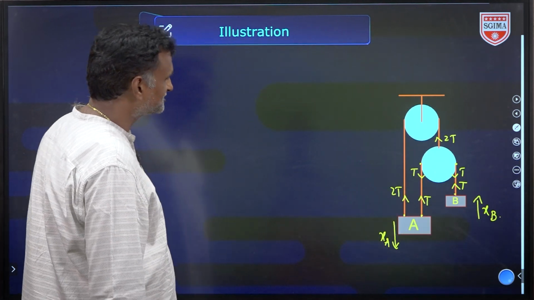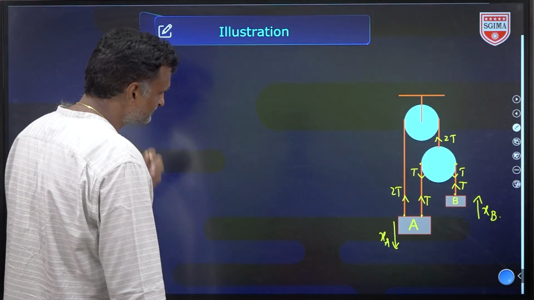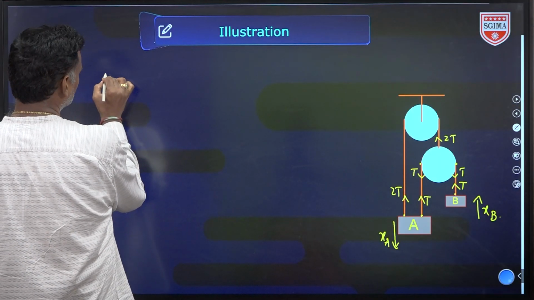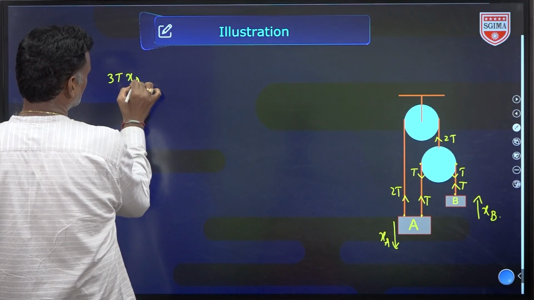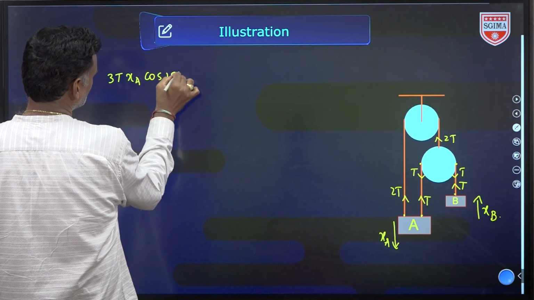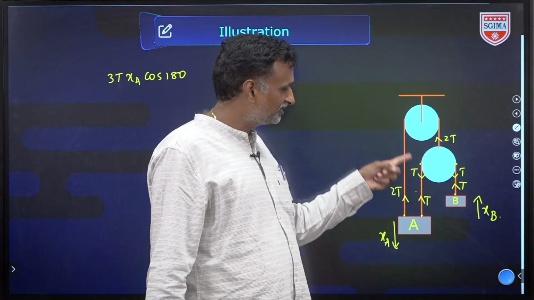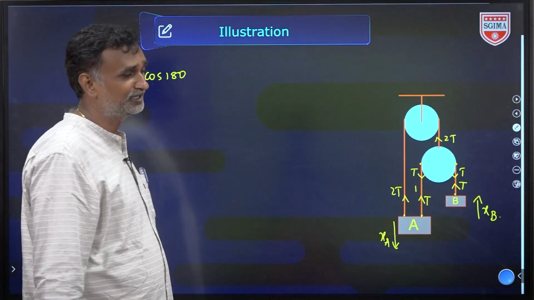Then what is the relation we can take? So, let us take the concept here. 3T XA cos 180. Why should I write this? Because XA is downward, 3T will be upward, but the angle between them will be 180.